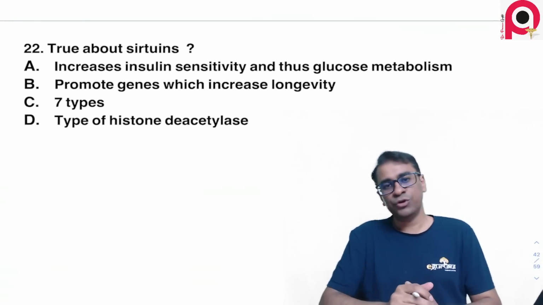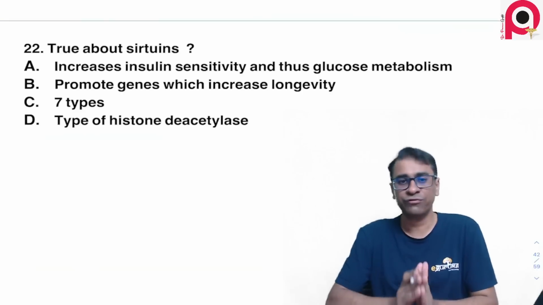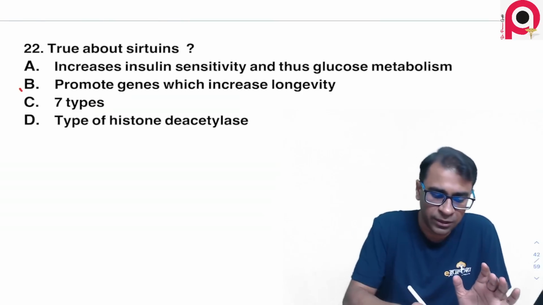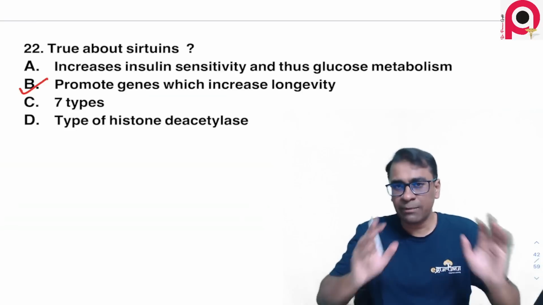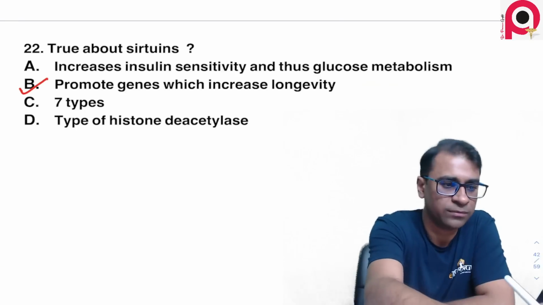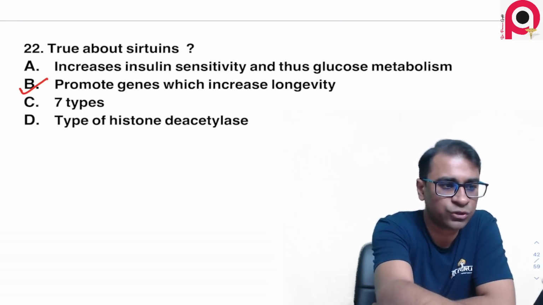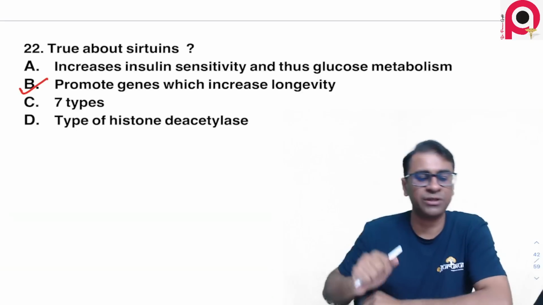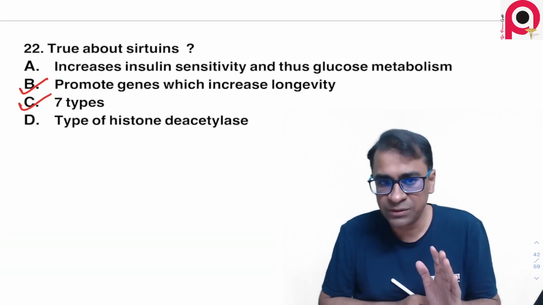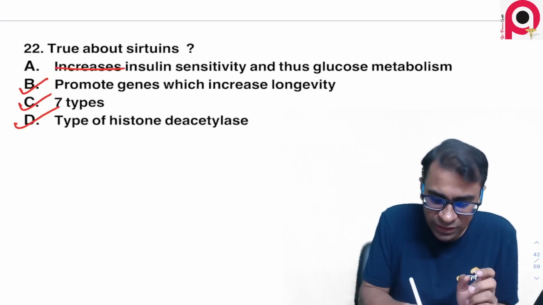Okay, this question: true about Sirtuin. I think this is one question which might have confused most of you. No doubt the answer must be B. But please let me know, was this a multiple choice question or not? The answer would surely be: it's of 7 types, it's a type of histone deacetylase, but it does not increase insulin sensitivity.